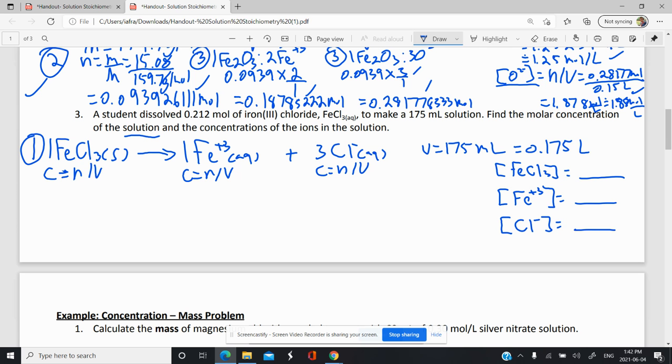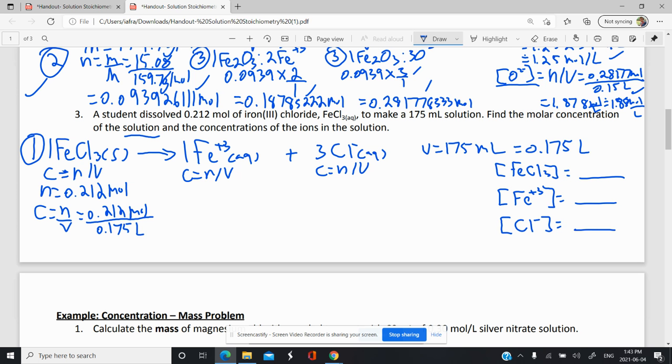So this other method is to find the concentration of your initial solution, basically everything together. You have the moles over here, 0.212, and you have the volume. So C is equal to n over V, which is equal to 0.212 moles divided by our volume, which is 0.175 liters.